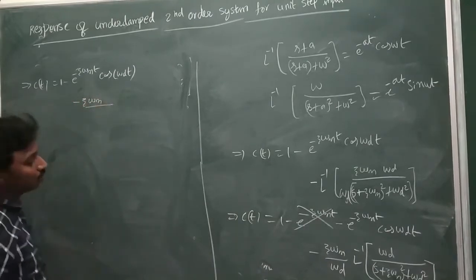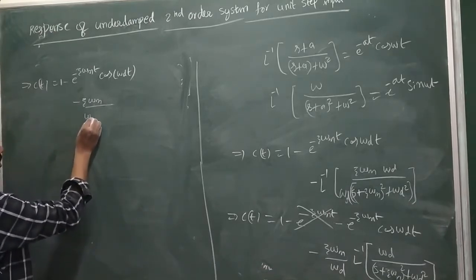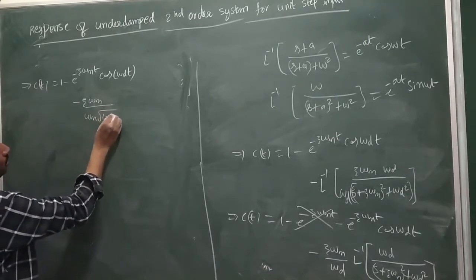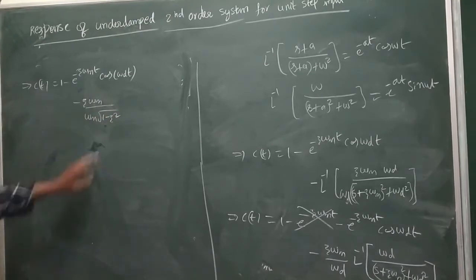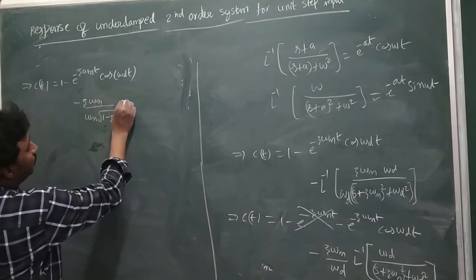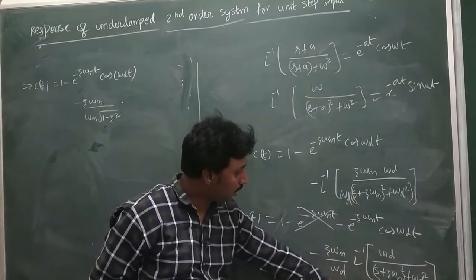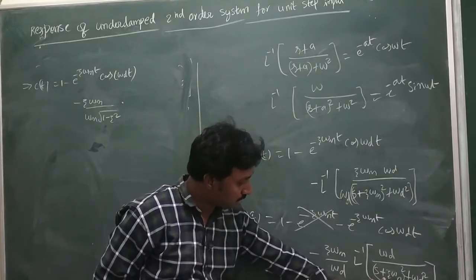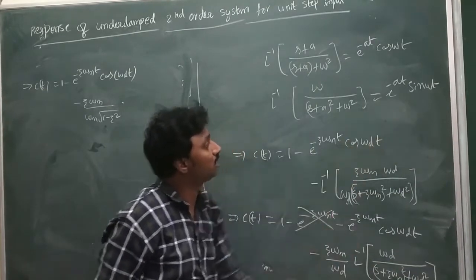You know that omega d is equal to omega n root of 1 minus zeta square. So L inverse of omega d by s plus zeta omega n whole square plus omega d square, you can write in this equation.